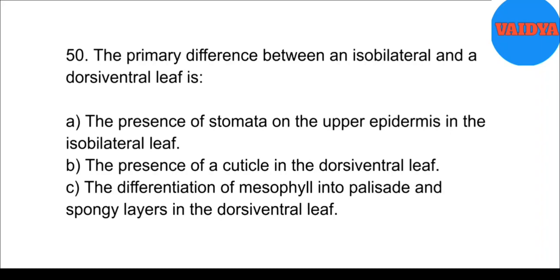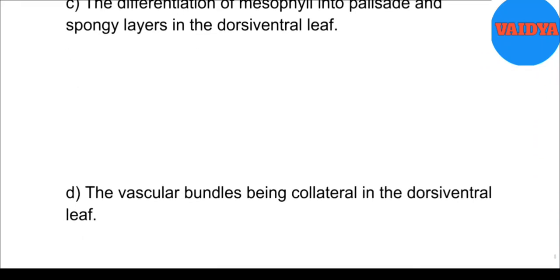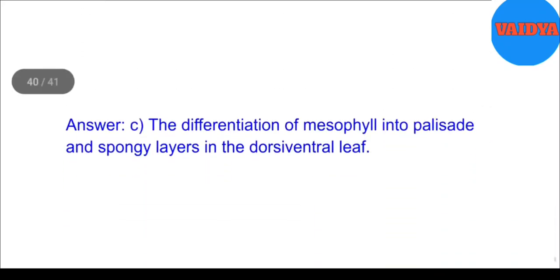B. The presence of a cuticle in the dorsiventral leaf. C. The differentiation of mesophyll into palisade and spongy layers in the dorsiventral leaf. D. The vascular bundles being collateral in the dorsiventral leaf. Answer: C.